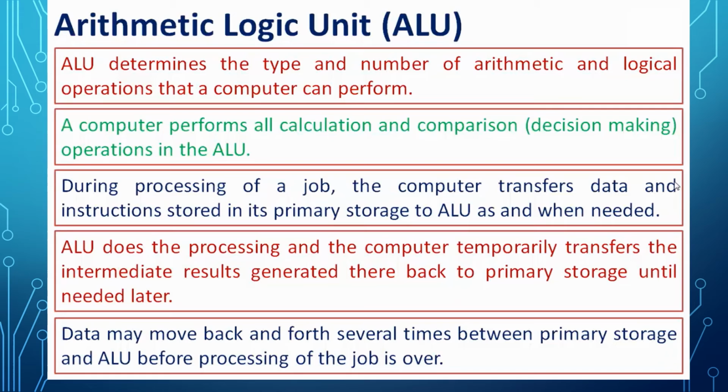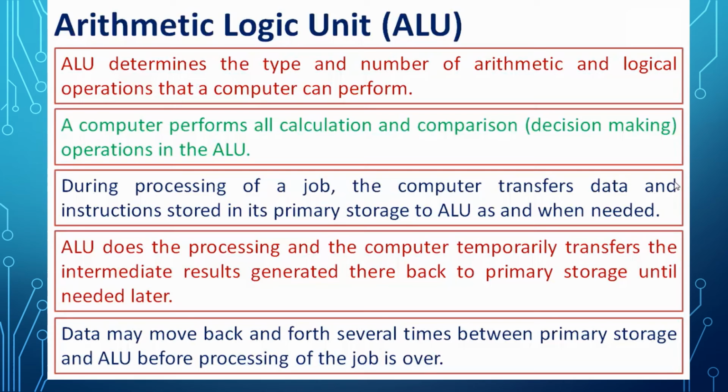You can also see that the arithmetic and logic unit, ALU, determines the type and number of arithmetic and logical operations that a computer can perform. A computer performs all calculation and comparison, that is decision making operations, in the ALU. During processing of a job, the computer transfers data and instructions stored in its primary storage to the ALU as and when needed.